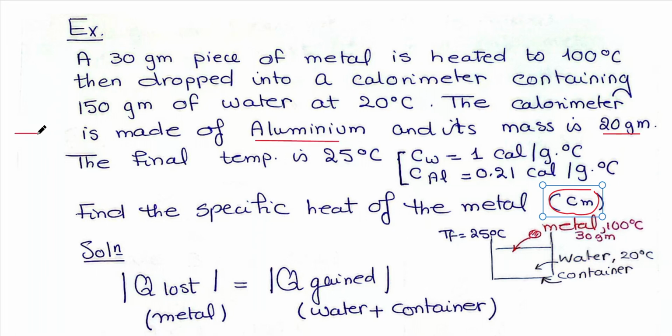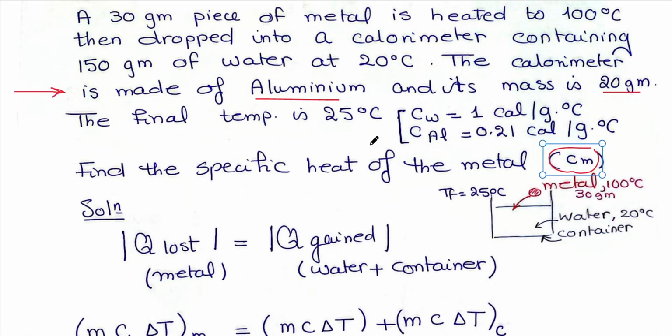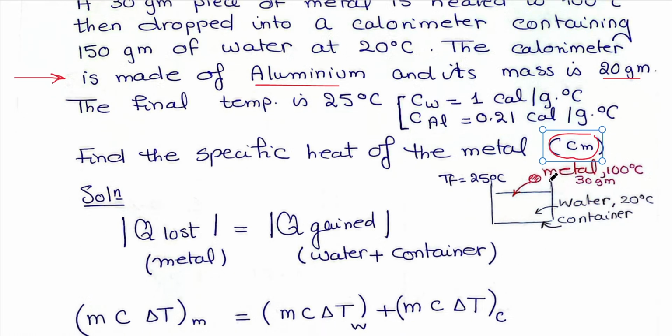In this example, data is given about the container. In the other example, he didn't mention anything about the kind of the container or the mass of the container. So we neglected the container. But now we will put into consideration the container. Again, we have hot body, which is the metal, and cold body.